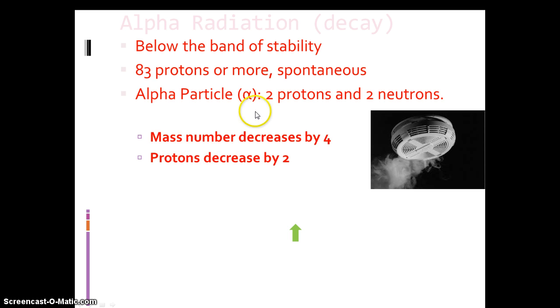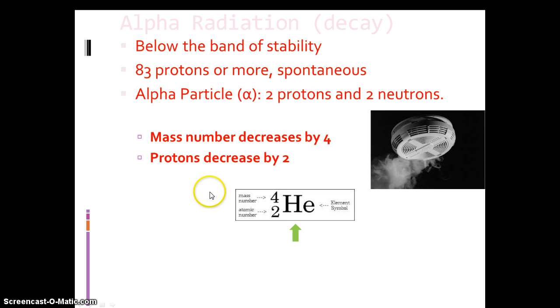So for the mass number of that little particle, I take protons plus neutrons, so the mass number is 4. The atomic number, if it has 2 protons, is 2. And if I look at the periodic table, element number 2 is helium. That's why there is a helium symbol here, because that's actually what I've got in this alpha particle.